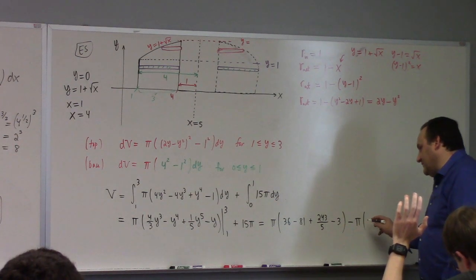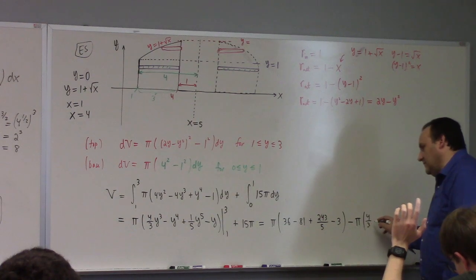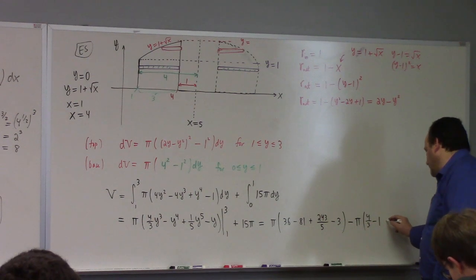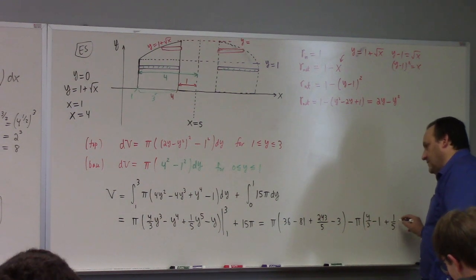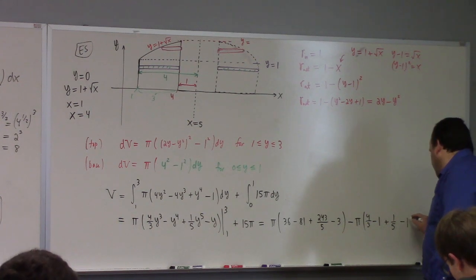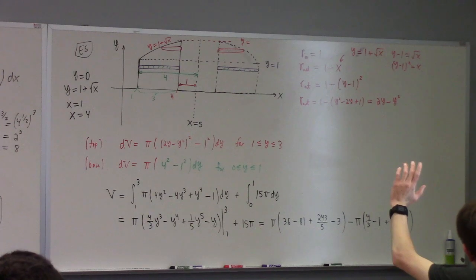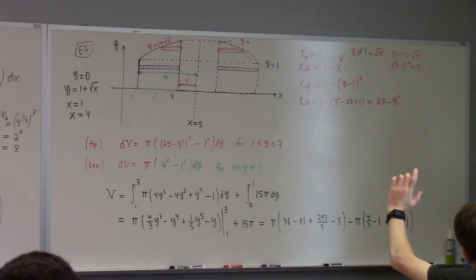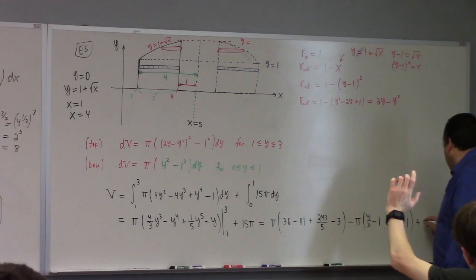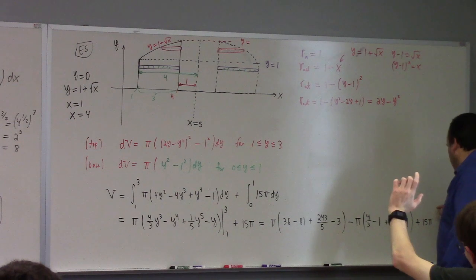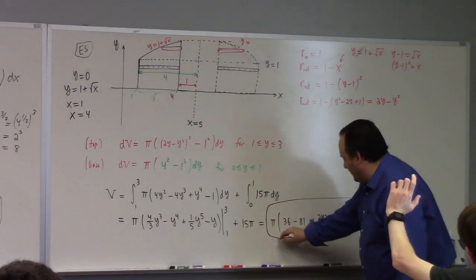And then minus 4/3 minus 1 plus 1/5 minus 1. Oh, plus 15 pi, right? So there you go. That would be the answer here. We could simplify it, but I can't think when people are talking in the hallway.